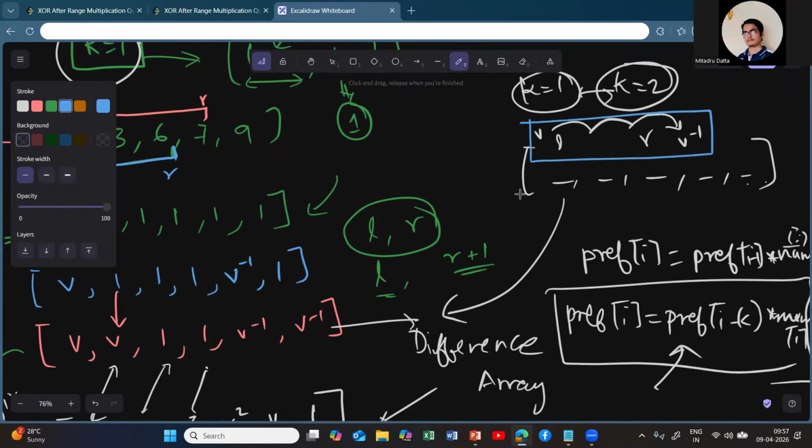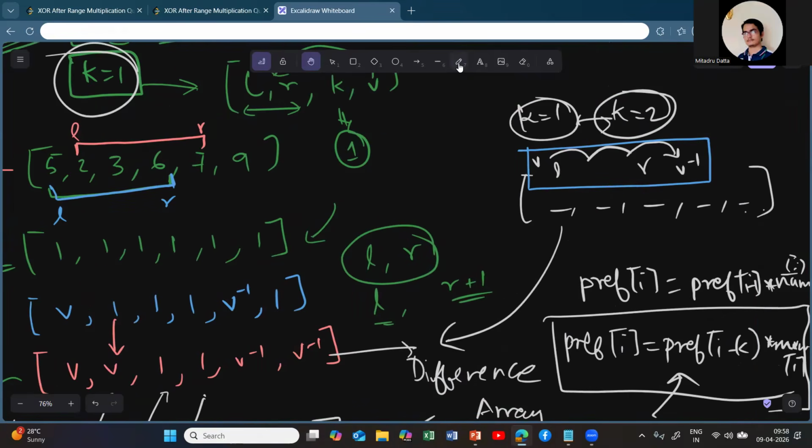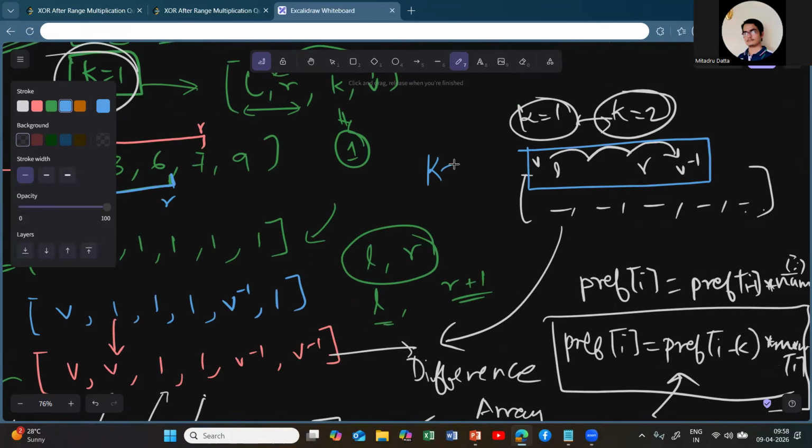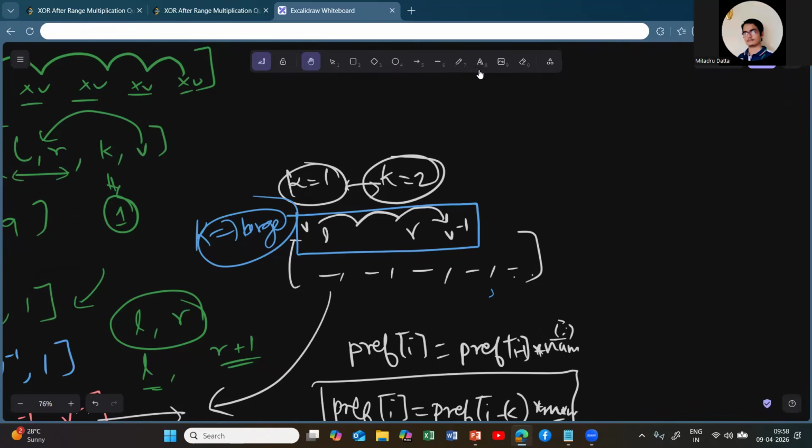But if you try to see this approach, if k is very large, then what will happen? You need to make this prefix array again, and there will be a lot of difficulty in making the whole prefix array, because the number of jumps will increase.